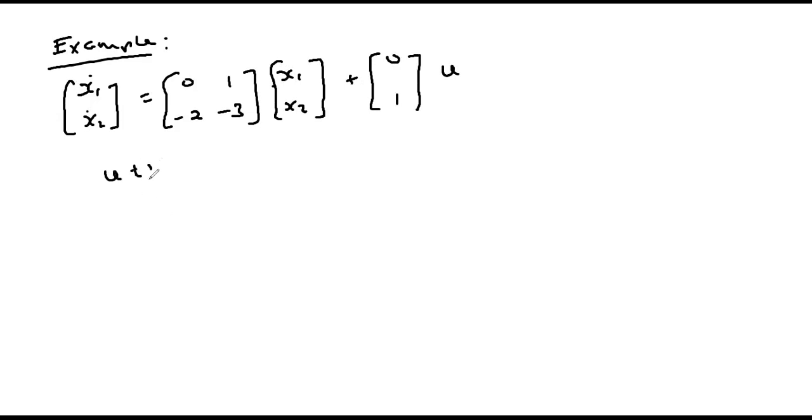That means u of t is a unit step input, that means it is equal to 1.